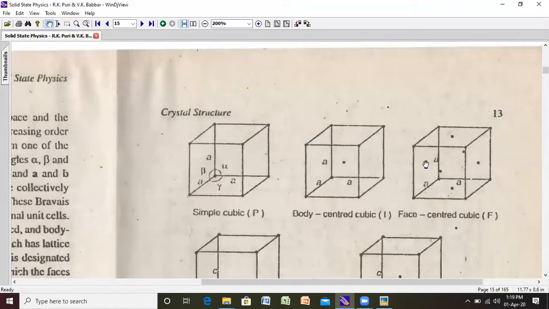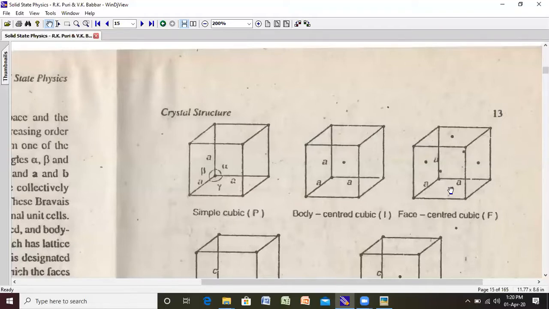Face centered cubic means a cubic Bravais lattice which has lattice points at the corners, but there are also lattice points at the center of each face. You know, a cube has 6 faces: front, back, right, left, up, down.